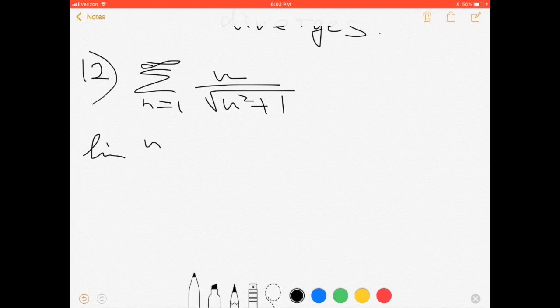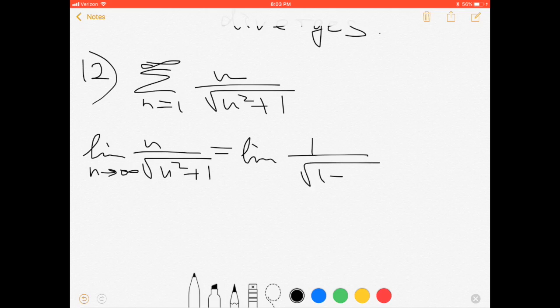What is the limit of n over the square root of n squared plus 1 as n approaches infinity? Here I think we divide up and down by n. And what do we have there? We have 1 over the square root of 1 plus 1 over n squared. Dividing by n, inside the root it becomes n squared. And this limit is 1, which is non-zero. This means the series diverges.